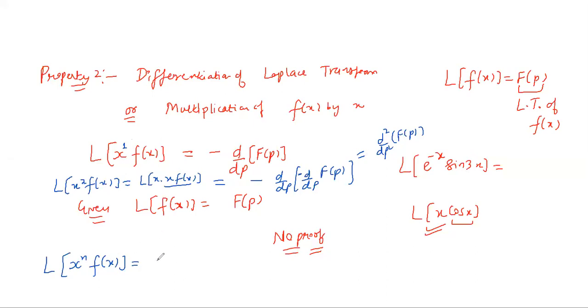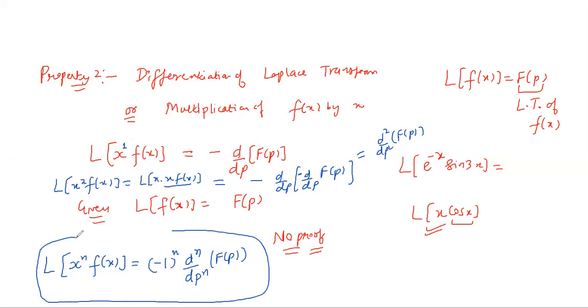So the general formula is minus 1 raised to power n, dn by dpn of F(p). Whatever power you are multiplying, that many times you differentiate your Laplace transform, and you multiply by minus 1 raised to power n. If you remember this one, the rest is automatically covered. This is true obviously for all n, 1, 2, 3, and so on.